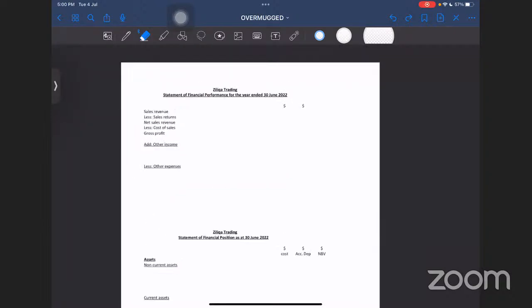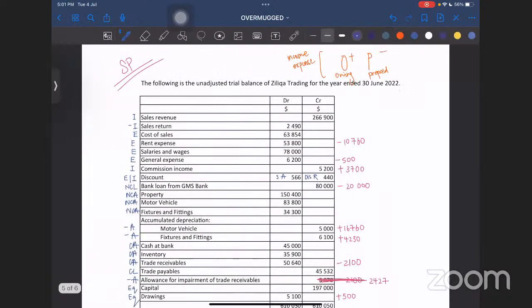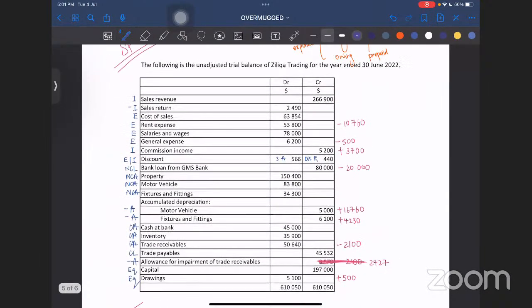Okay, so here I will just throw in the numbers. This is what you should get. Sales less sales returns, you get your net sales, and then you minus cost of sales, you get your gross profit. Another trick is to tick the items. Like this is done, I'll tick.